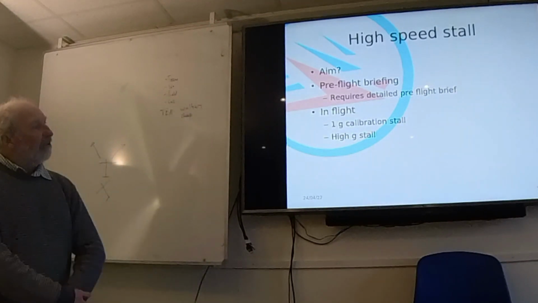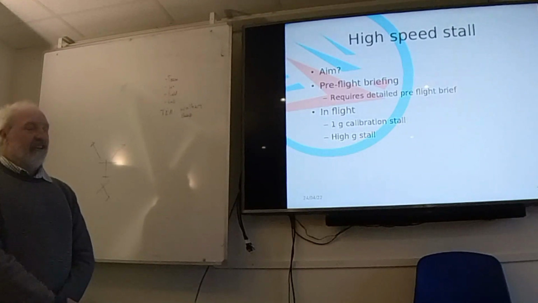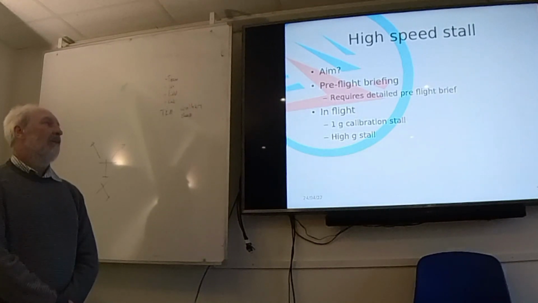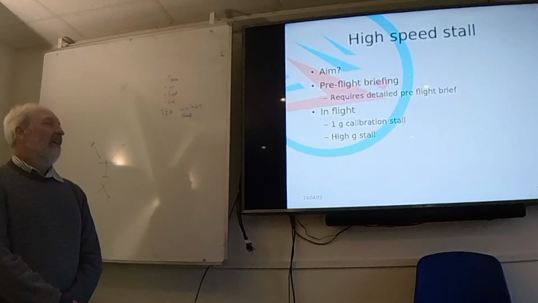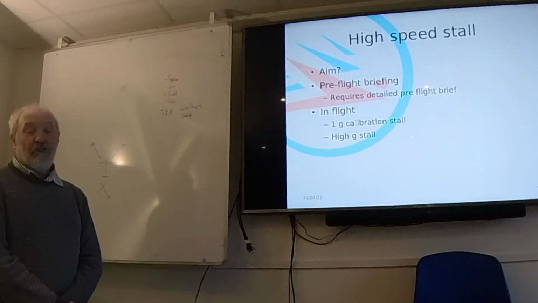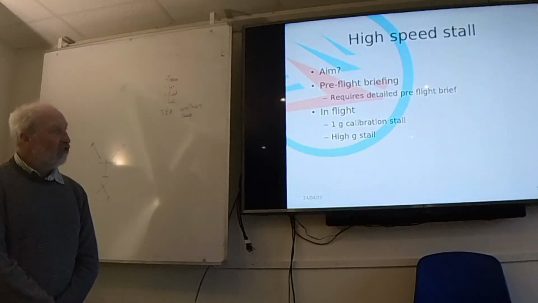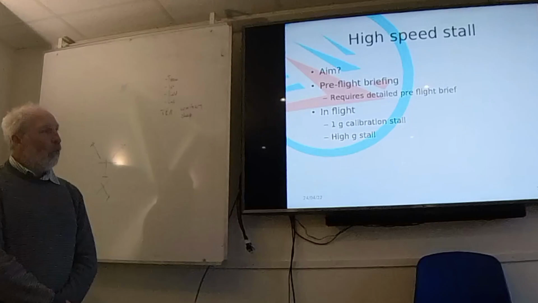So in flight, because we're looking at an increase in stalling speed, we need to stall the glider in a 1G situation, exactly the same as you would a mush stall. So bring the speed back at about 1 knot per second and ask the student to tell you at what speed they can feel the buffet.